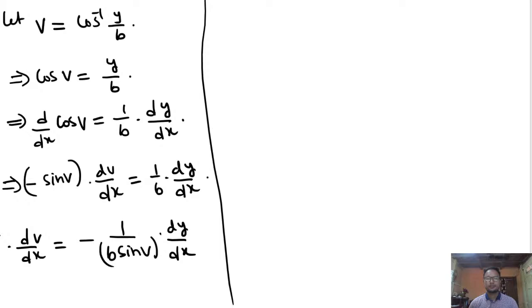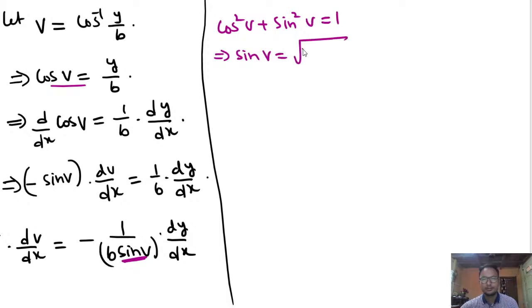Is that okay? Right? Now, we need the value of sin v, and the value of cos v is given. Cos square v plus sin square v is equal to 1. So this implies sin square v is 1 minus cos square v.